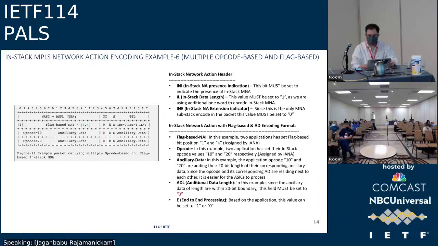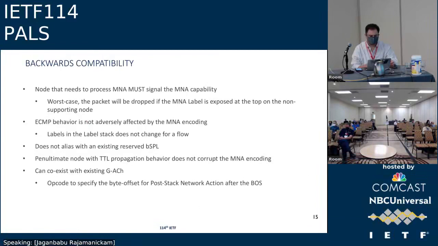Next slide, please. Okay, so this is the backward compatibility, how the solution adopted and what we thought about it. When we introduce this MNA, and the head node needs to encode this MNA into the MPLS stack, it should depend on the MNA capability. So the control plane needs to inform about the MNA capability of the end node that needs to process the MNA.